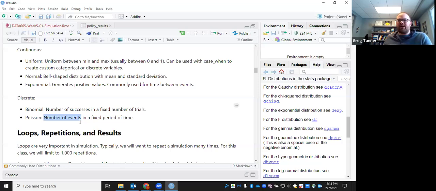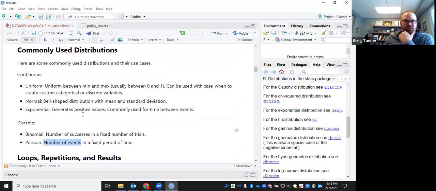Also great for how many units did I sell in a day, or questions like that, where it's not a binomial because there's not maybe a certain number of trials that's fixed, but there's sort of a fixed period of time, and then a number of events happen in that time according to some rate. Okay, so those are some really powerful distributions and commonly used distributions when you're dealing with simulations.